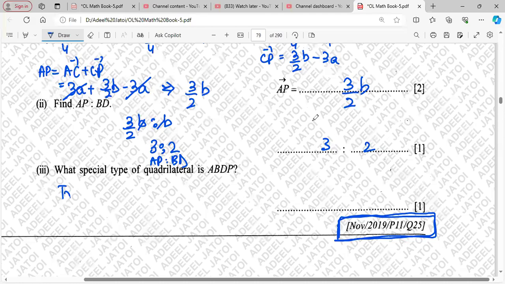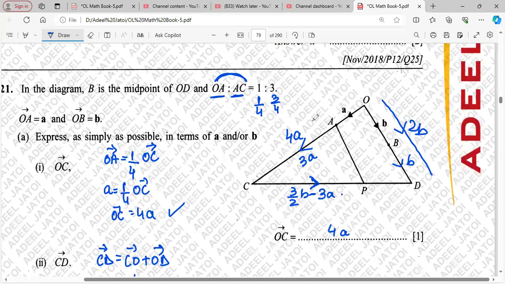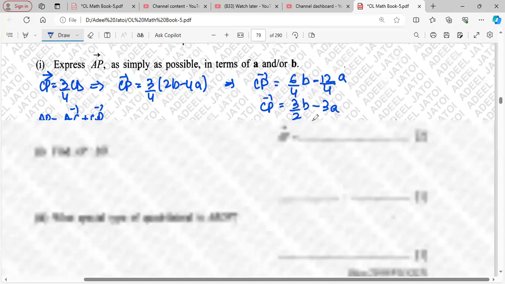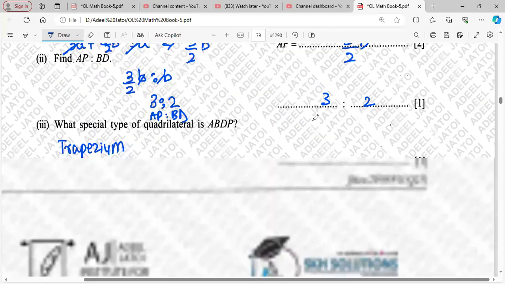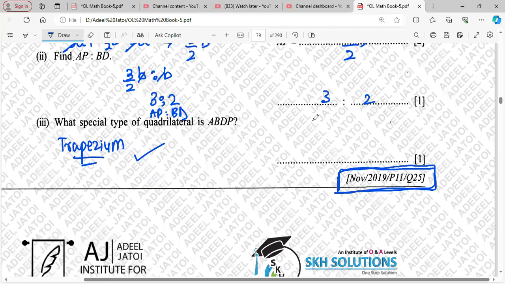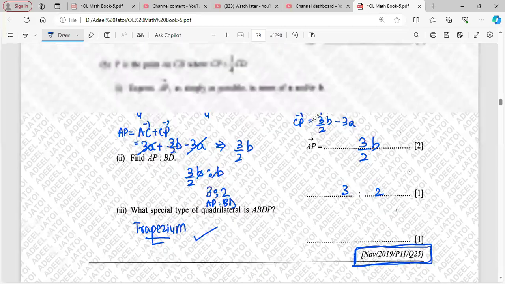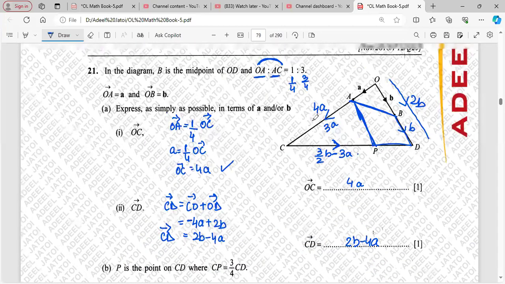Because currently the height is not known, but knowing the fact that these lines are parallel, we can directly say that this can be connected with a trapezium in this shape. So this will be known as a trapezium for part 3. So this is November 2019, paper 1 question 25 and question number 21 from the book.